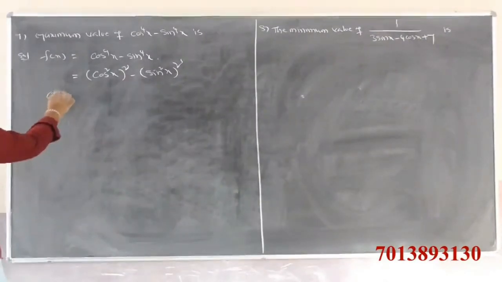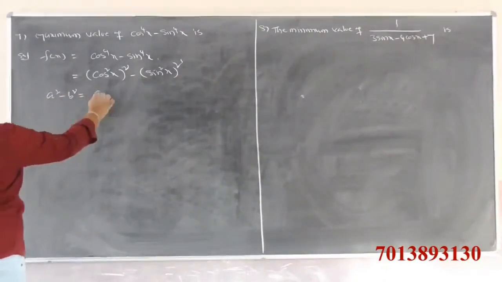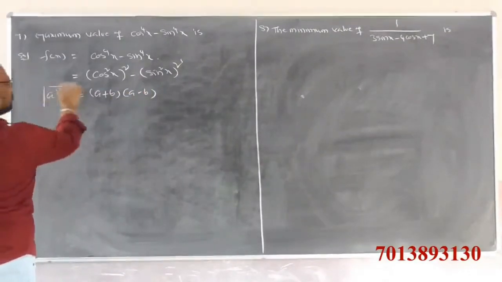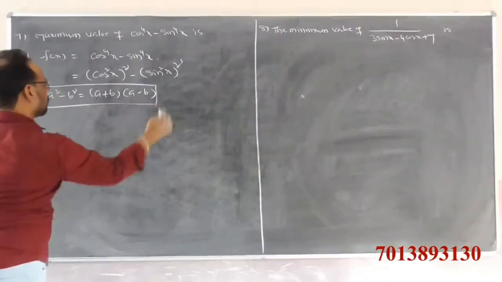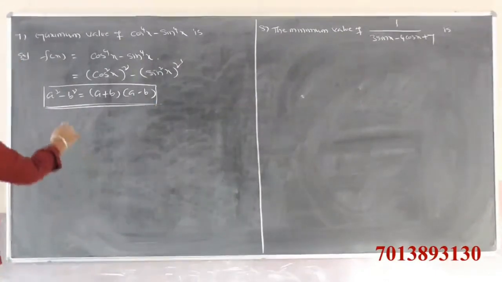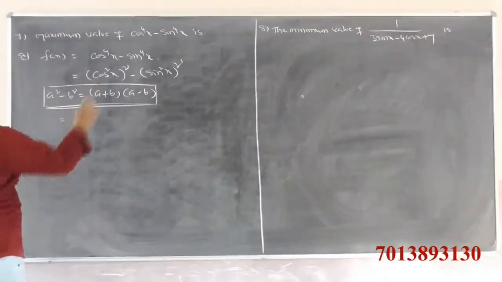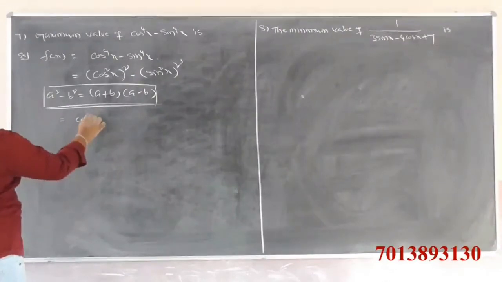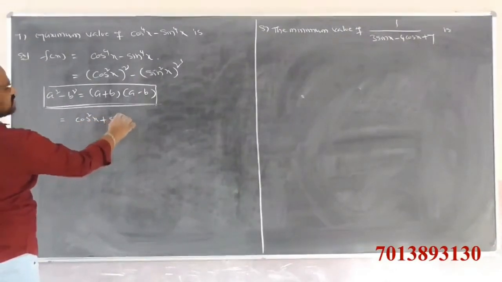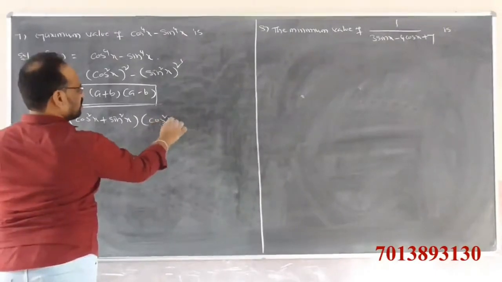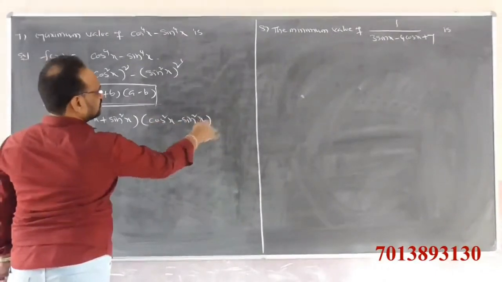Already we know the identity a square minus b square equals a plus b into a minus b. So this can be written as cos square x plus sin square x into cos square x minus sin square x.